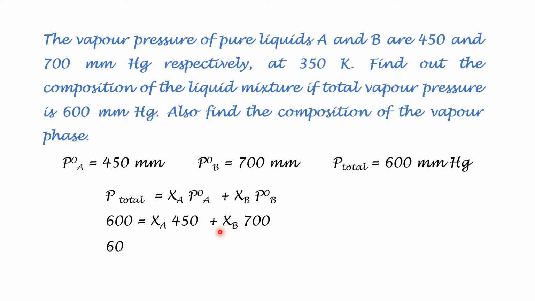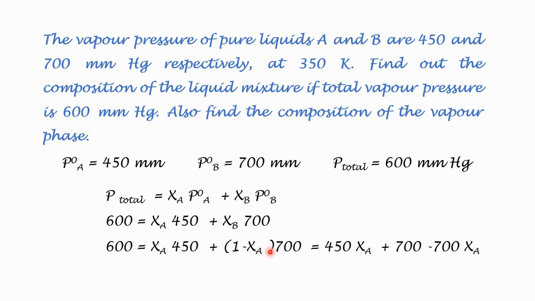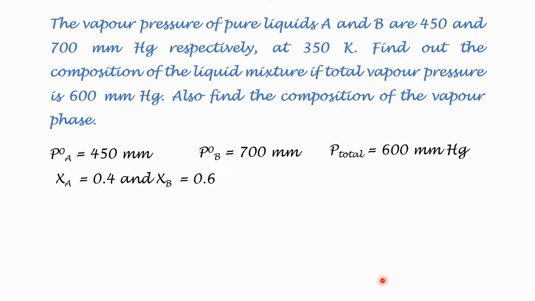So here what we do is, instead of XB we substitute 1 minus XA and proceed. So 600 will be equal to XA into 450 plus 1 minus XA into 700, giving you 450 XA plus 700 minus 700 XA, or 250 XA will be equal to 100, or this simplification gives XA value as 0.4 and XB value as 0.6.